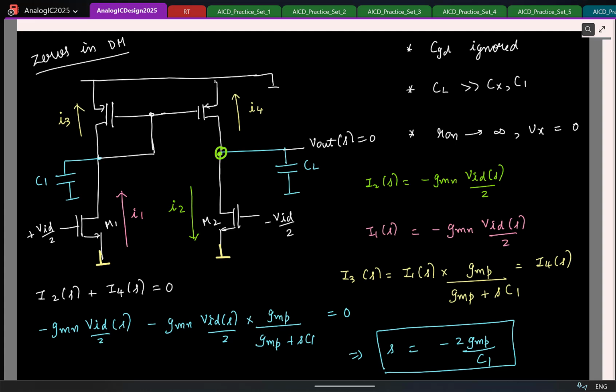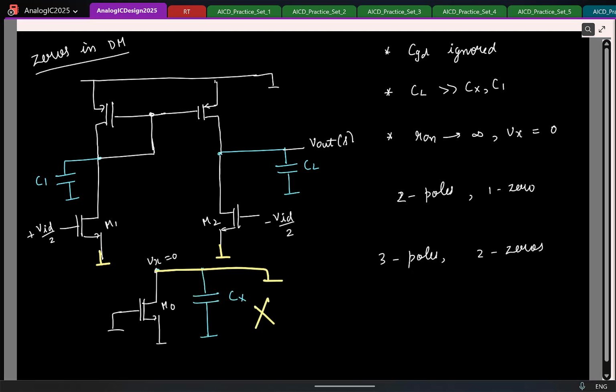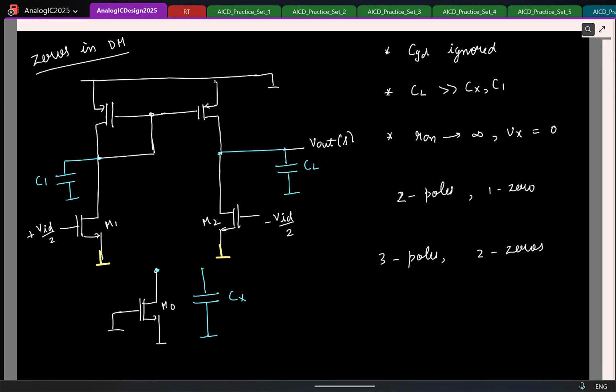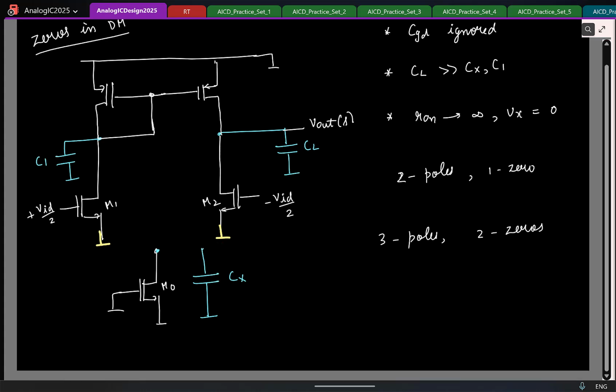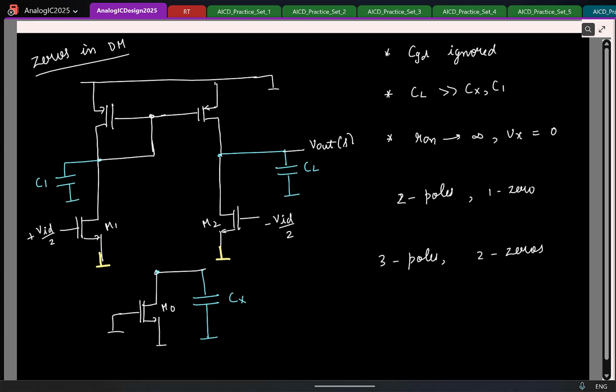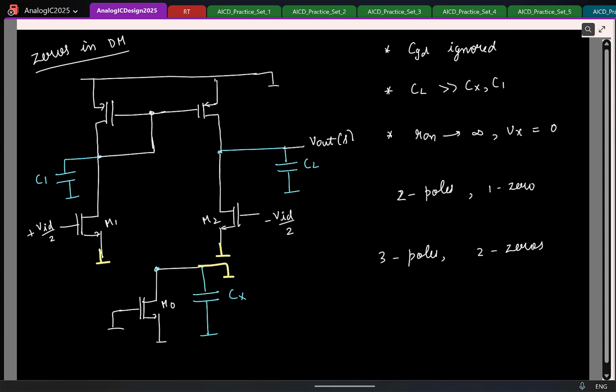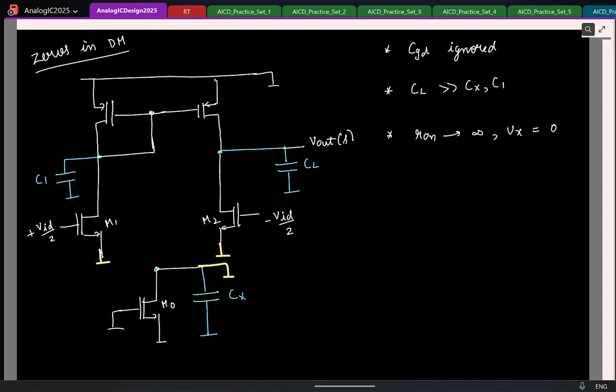Cool. So basically, to summarize, if in the differential mode I ignore the R0 of the NMOS transistor, I'll eventually have only 2 poles and 1 0, right?